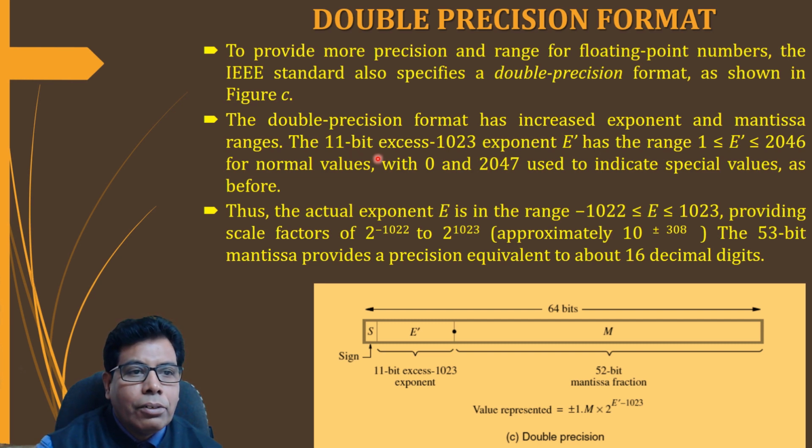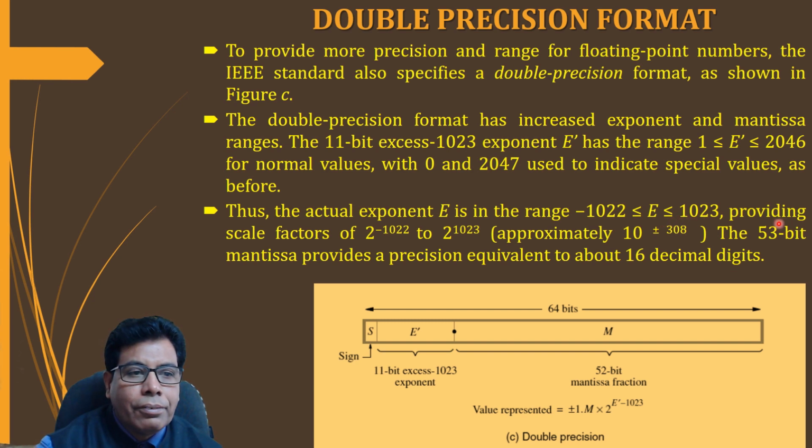So 11-bit excess minus 1023 exponent E dash will be in the range 1 to 2046 for the normal values, and we have the special values 0 and 2047. Okay, and so this range will be divided into minus 1022 to plus 1023.